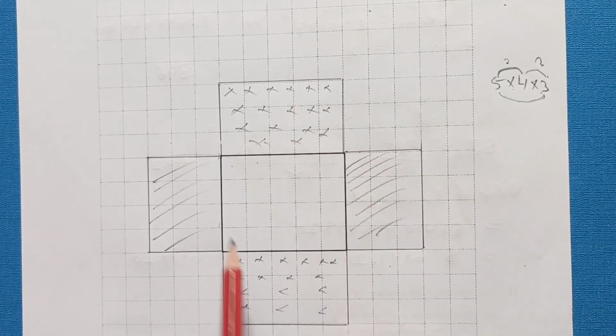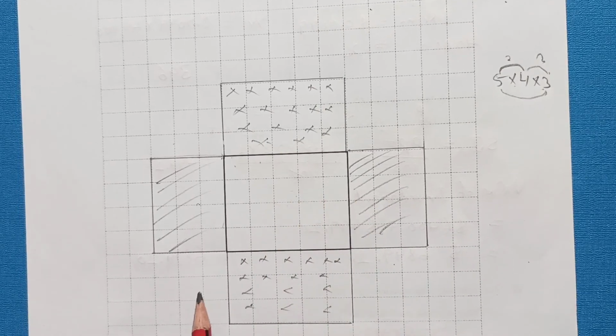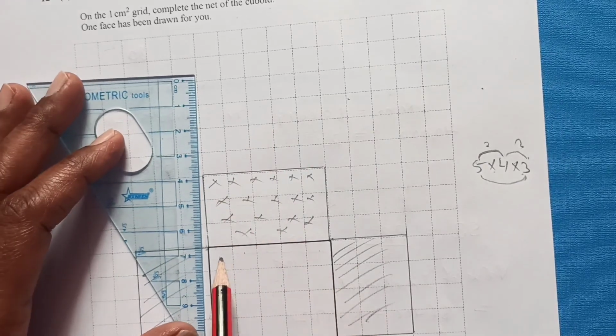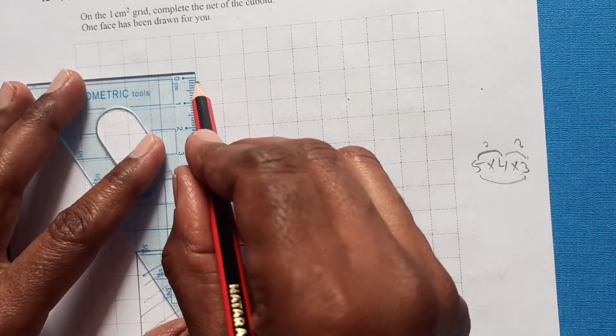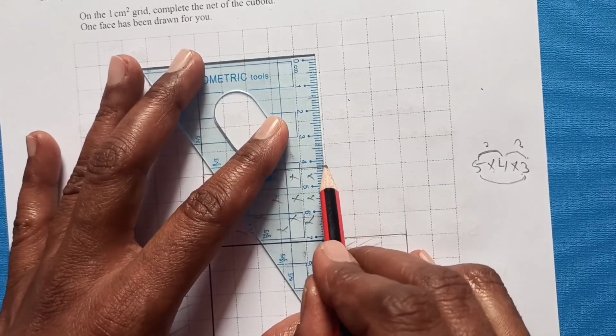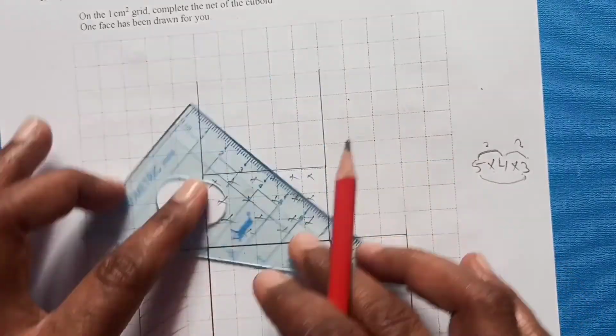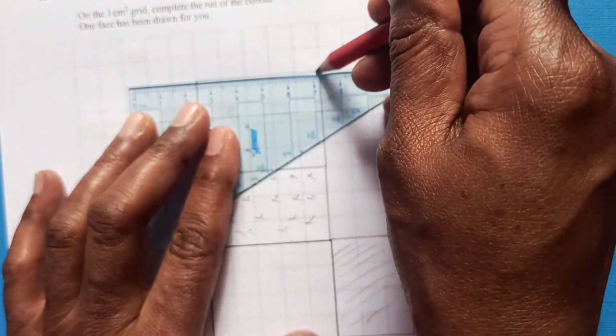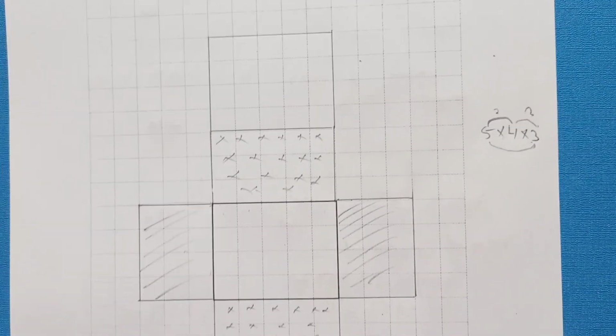This and this are the same. We are left with this, which is 5 by 4, so we need another 5 by 4 here. This side we have 5 and here we should have 4. So you see, this is the shape.